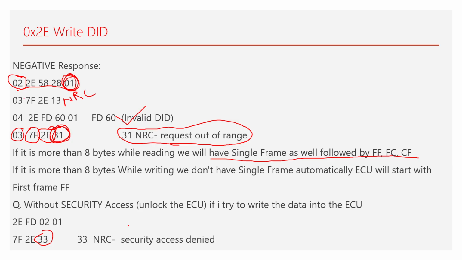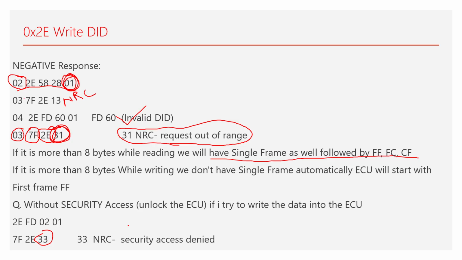For example, your system has a code. Your system has a lock, right? When we give the lock, only then will the system start or unlock. Same way, without a security access or without the 27 service, if you write or read the data from the ECU, we will get 33 NRC.